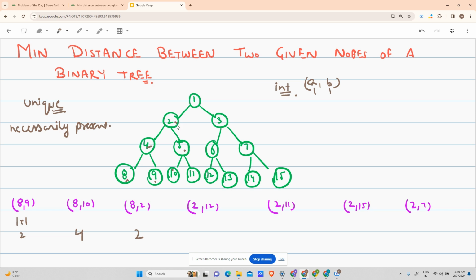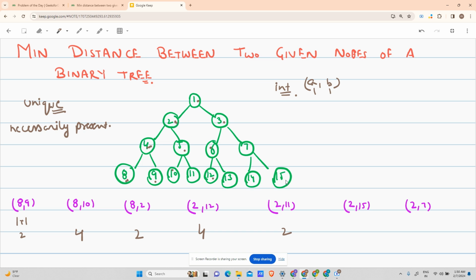For 2 to 12: 2 to 1, one step, 1 to 3, two steps, 3 to 6, three steps, 6 to 12, four steps, right? So 4 steps. Same for 2 to 11: 2 to 5, one step, 5 to 11, two steps, right?